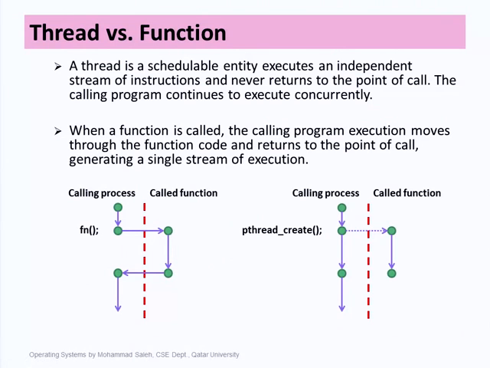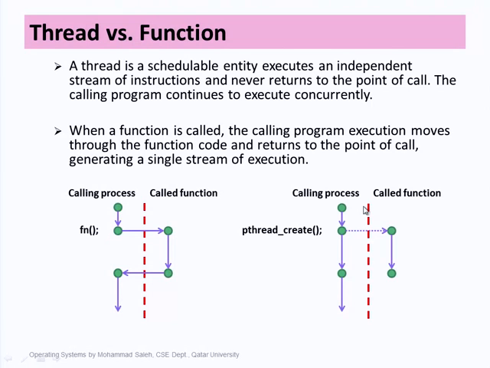Whatever code the function has will be executed, and the process will stop there, waiting for the function to return. Not necessarily to return something, but they would return. And only then the process continues.